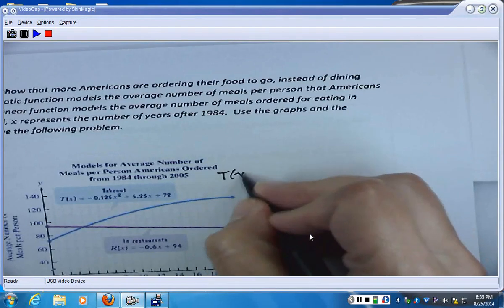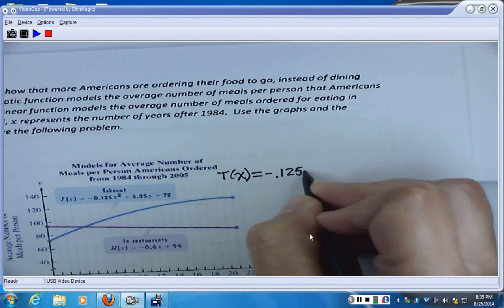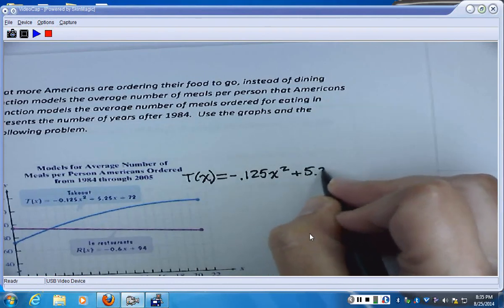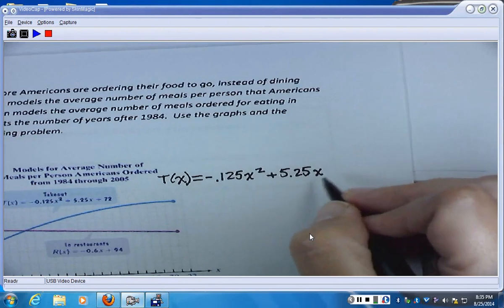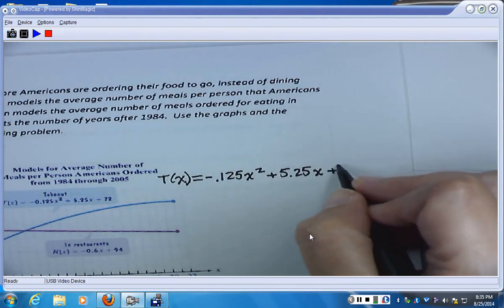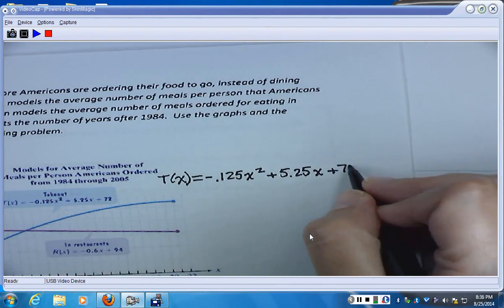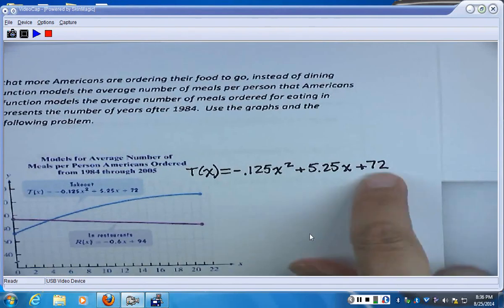T of x equals minus 0.125 x squared plus 5.25 times x plus 72. That is a plus sign there; you might have trouble reading. Yeah, 72. Okay, so that's the intercept.